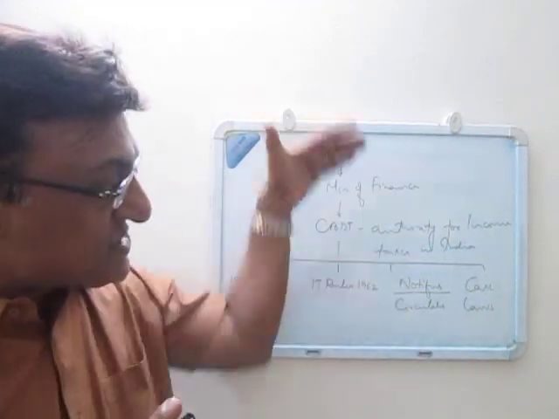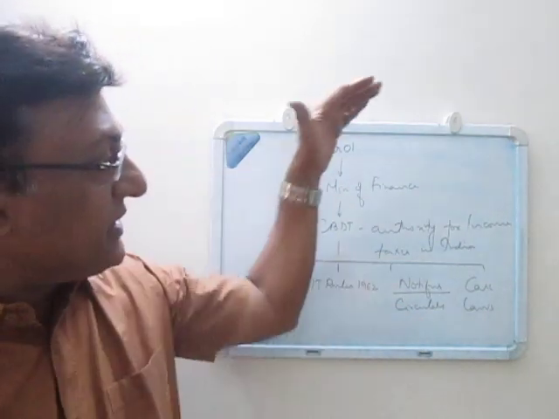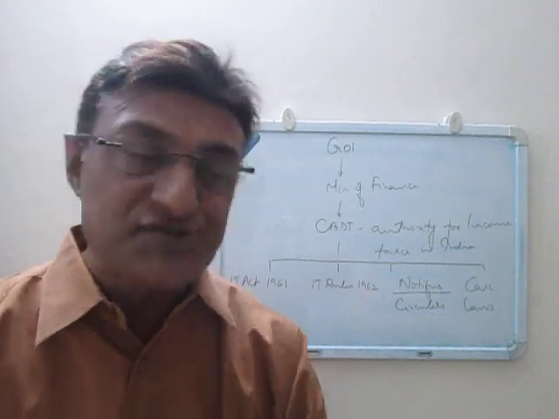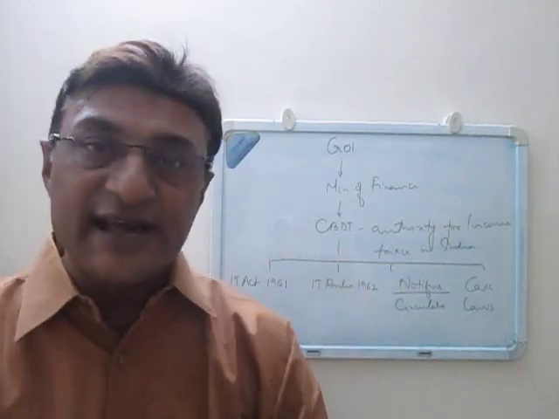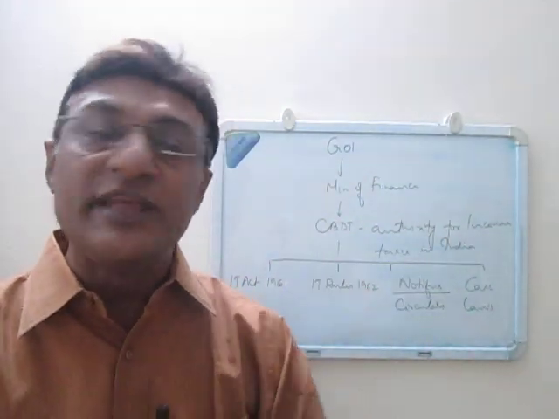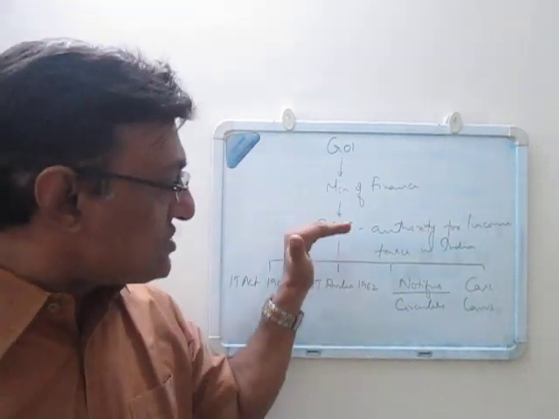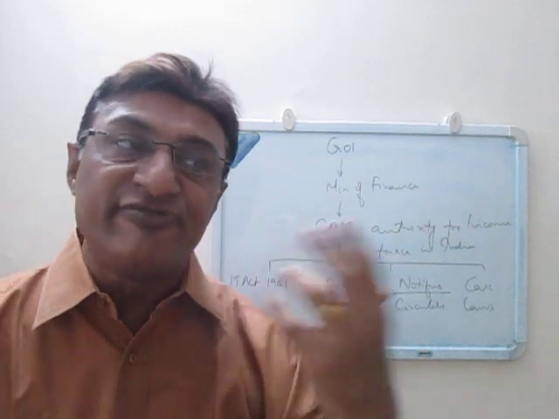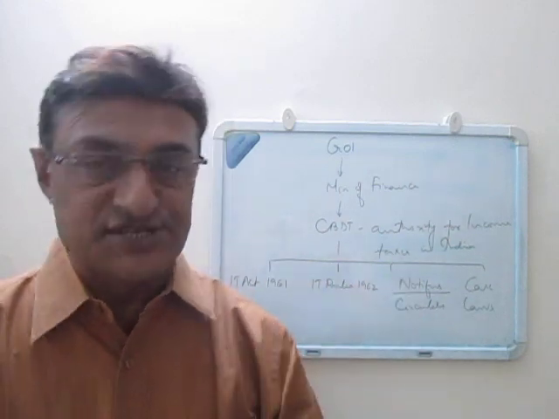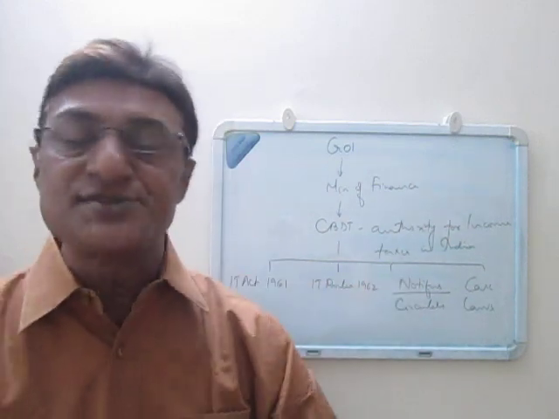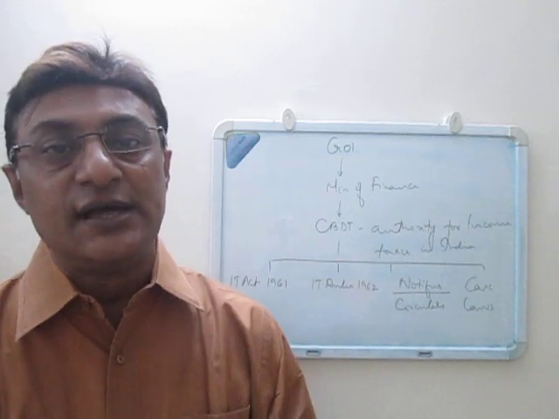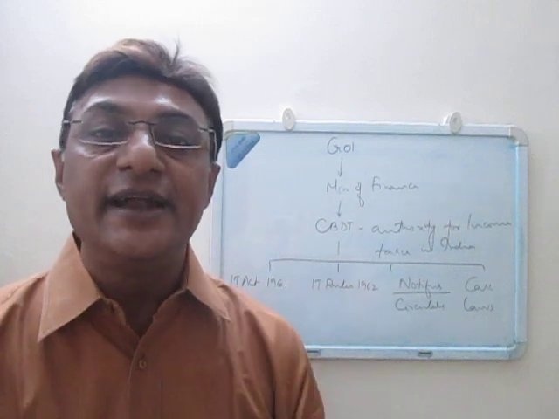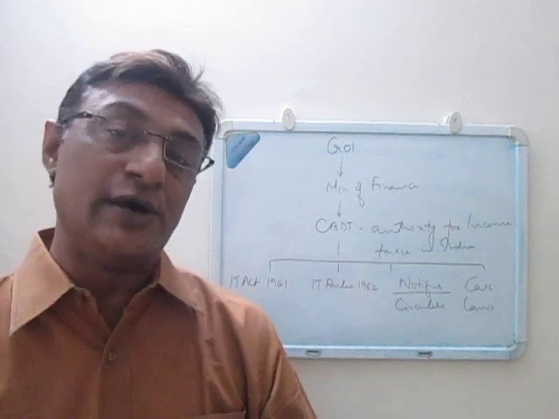So this is the administrative authority in India. The Government of India, under which comes the Ministry of Finance or the Finance Ministry, and the Central Board of Direct Taxes, exclusively dealing with income taxation, which administers income tax with the assistance of four important tools: the Act, the rules, departmental circulars and notifications, and decided case laws or judicial pronouncements.